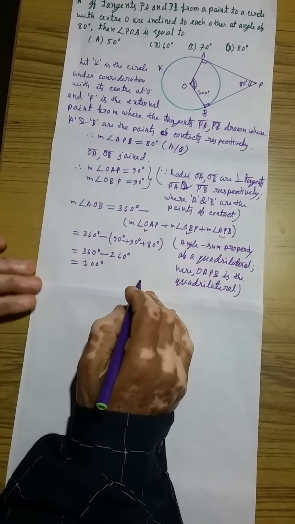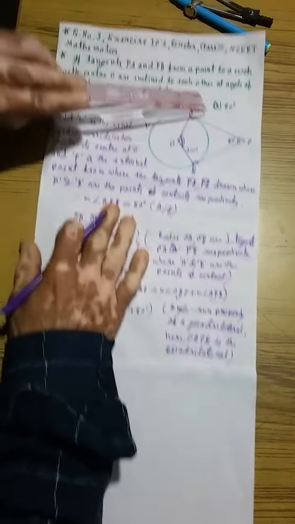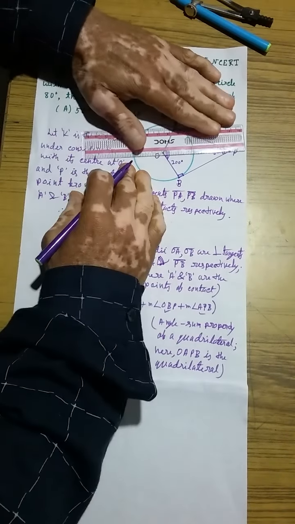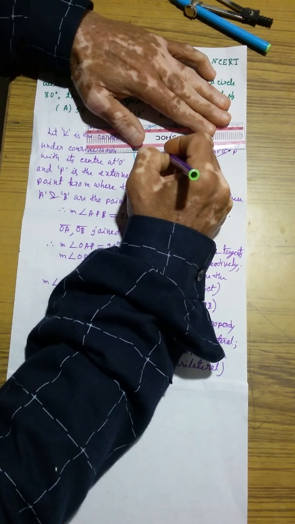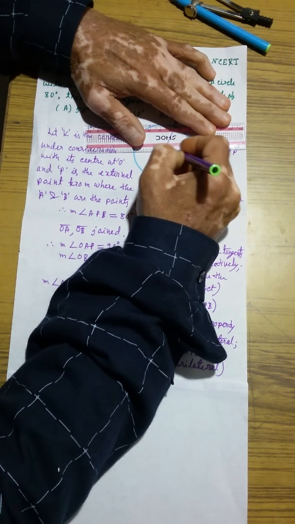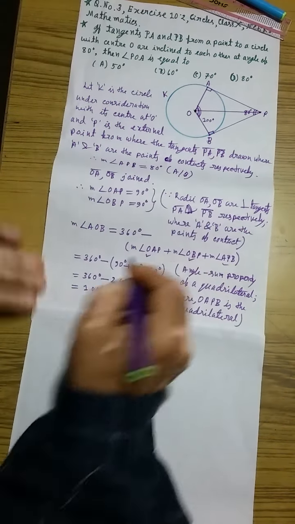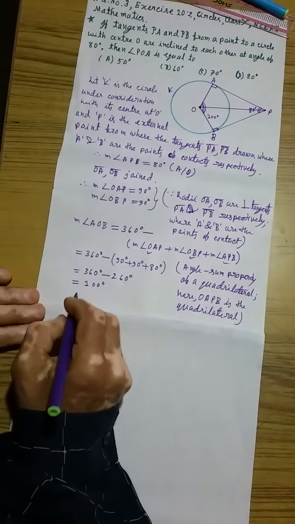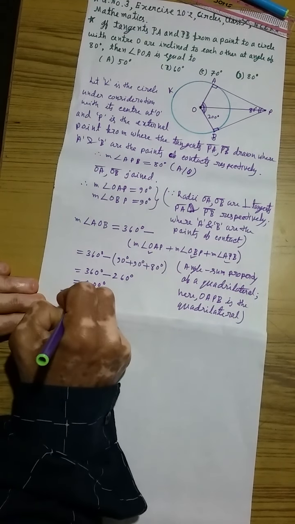After this, proceed in this way. Let us join OP. So write in this way: OP joined.